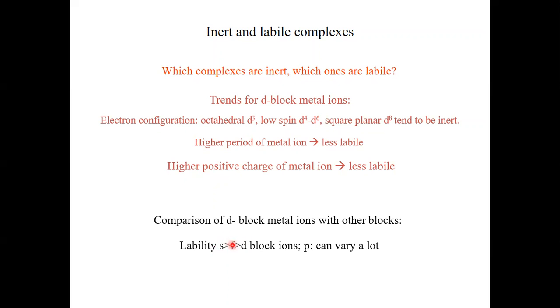So s and f metals tend to make more labile complexes than transition metals that have d-valence electrons available. With regard to the p-block, the lability can vary a lot between highly labile and highly inert. It depends on the exact circumstances, which metal we use and which ligand is present in the complex.